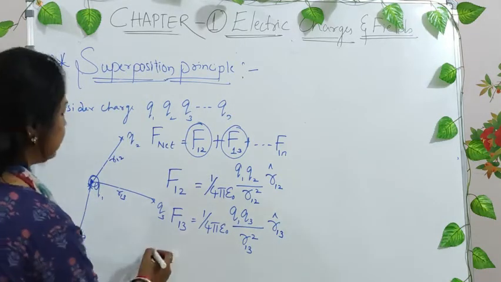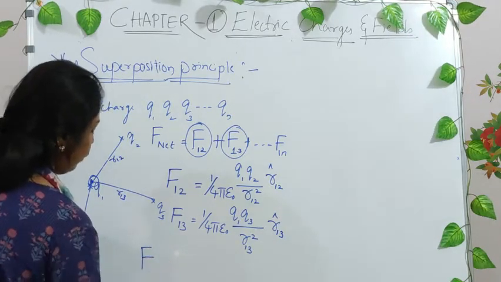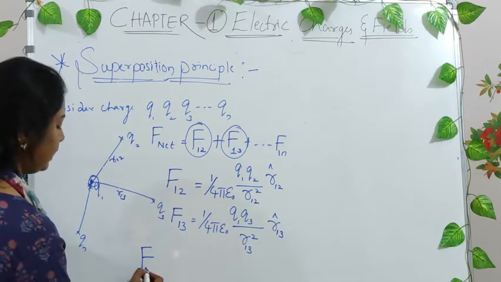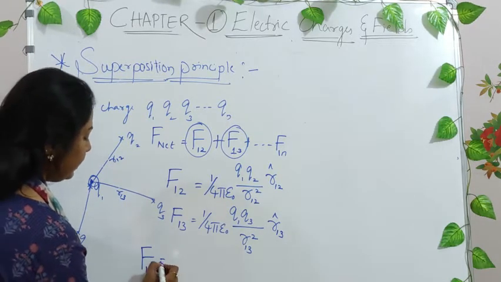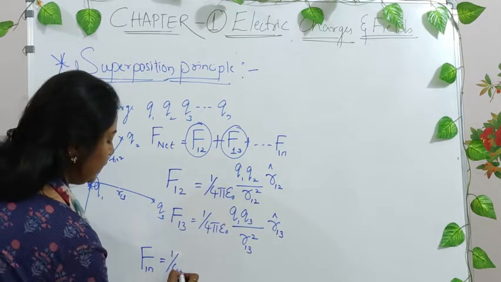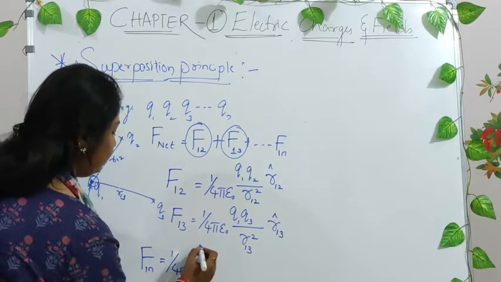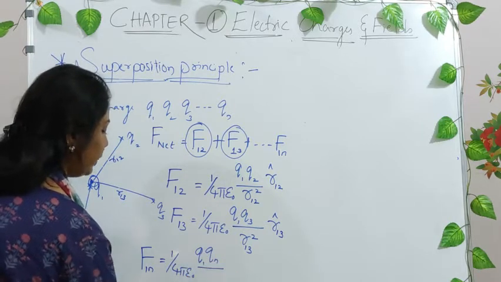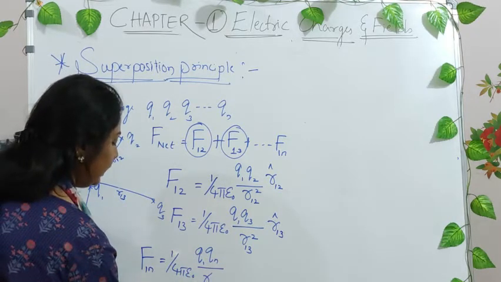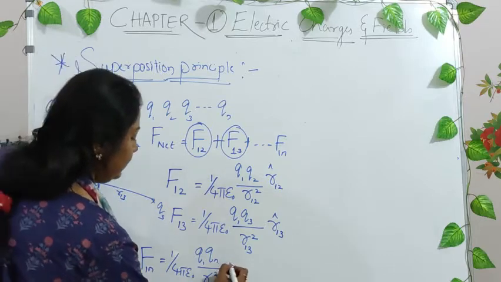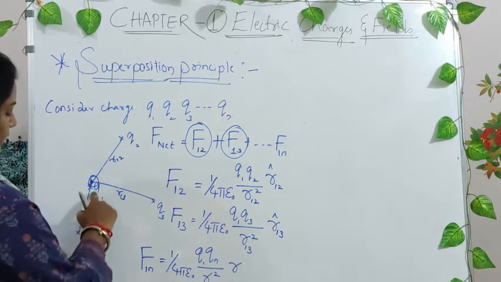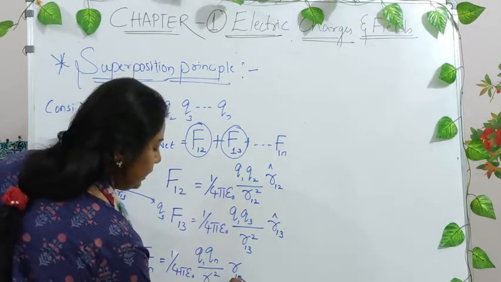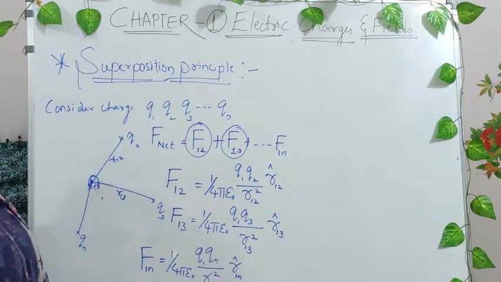On similar lines, what is the force acted by the nth electric charge? That is F1n, equal to 1 divided by 4 pi epsilon, Q1 Qn divided by R1n square, and this force acts along the line joining these two, that is 1n, right?